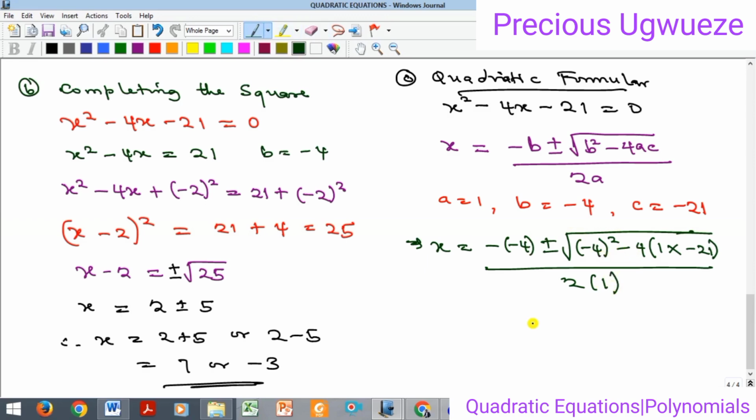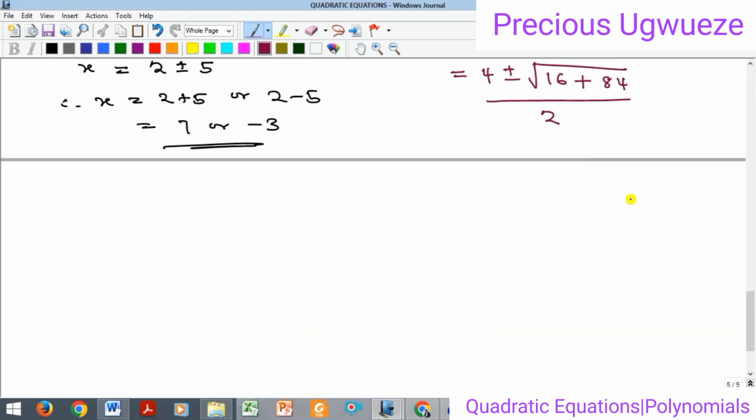Okay, so now we try to simplify what we have here to generate our answer. Minus -4 is 4, and then we have plus or minus the square root of, the square of -4 is 16. Then let's multiply this: -21 times -4 will give us plus 84, all over 2.